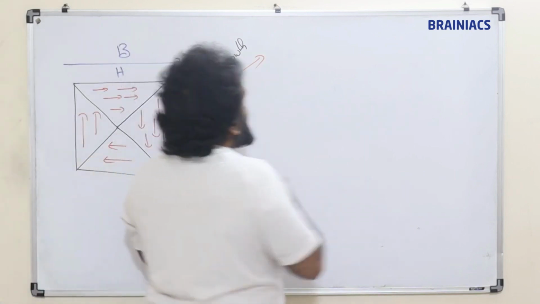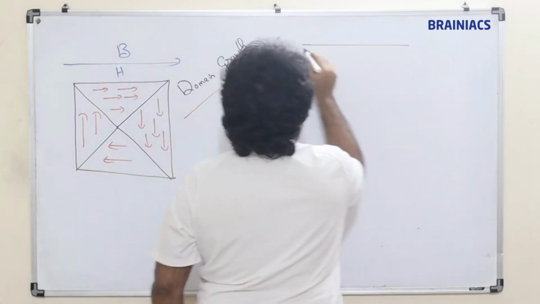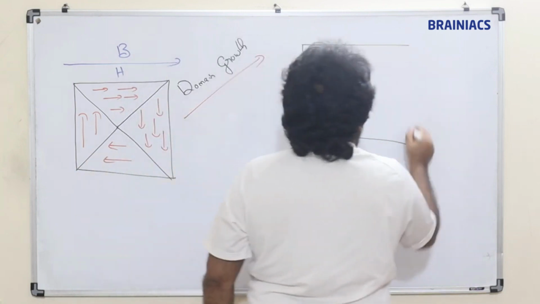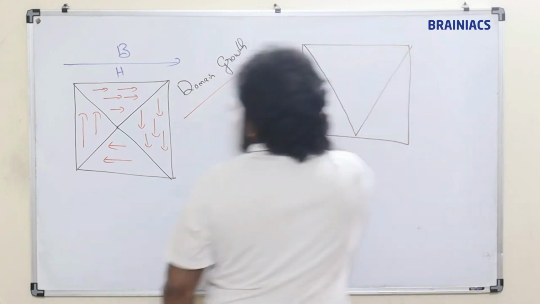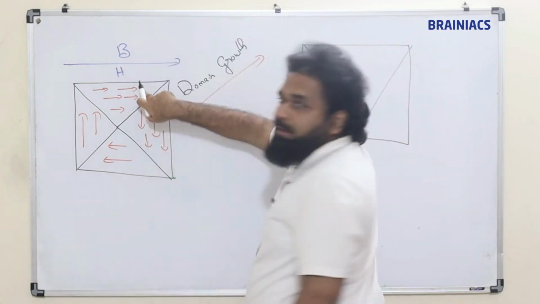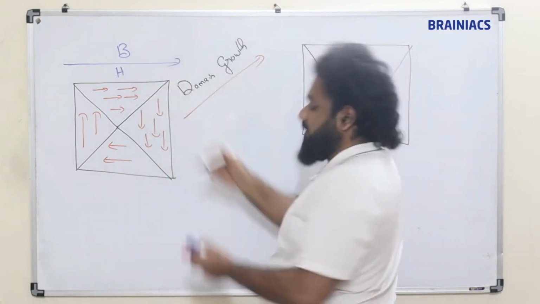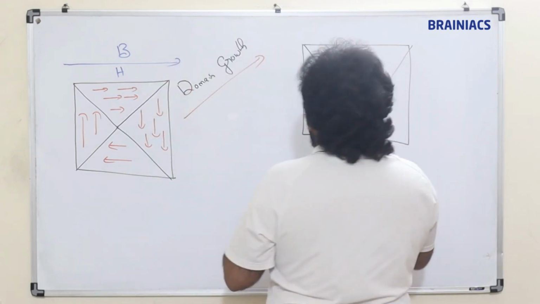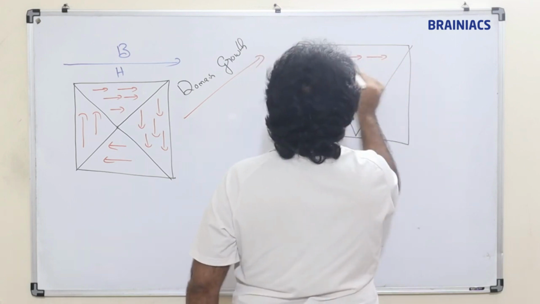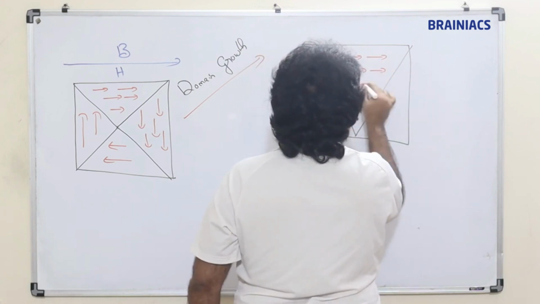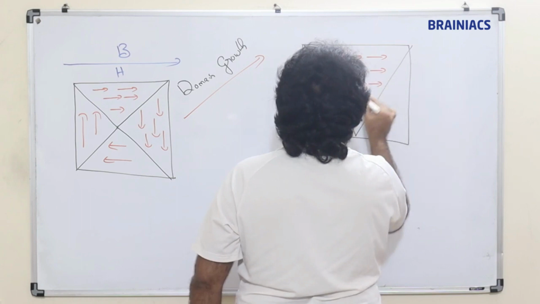Then one possibility, domain growth, happens like this. Suppose in this domain the magnetic dipoles are in the direction of the external magnetic field, so that will grow, and all the magnetic dipole moments will align in the direction of the magnetic field.